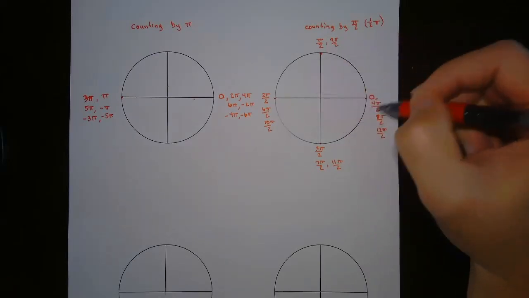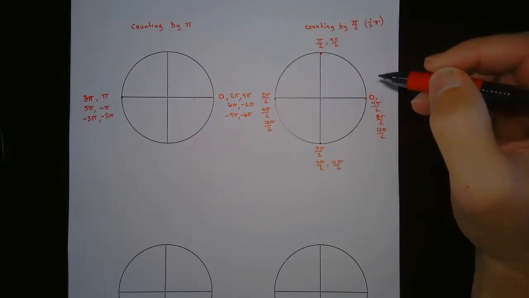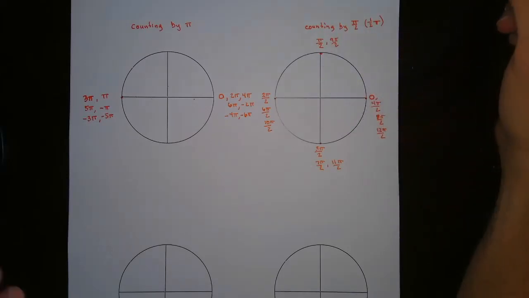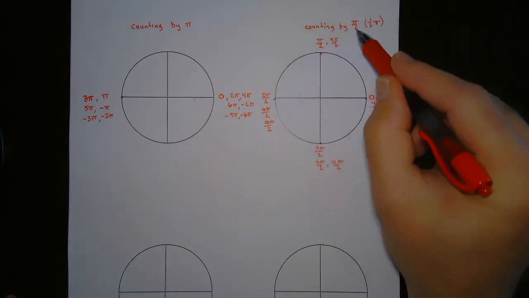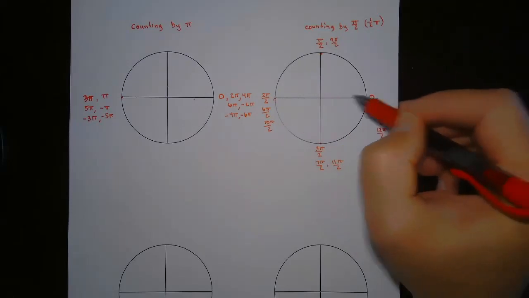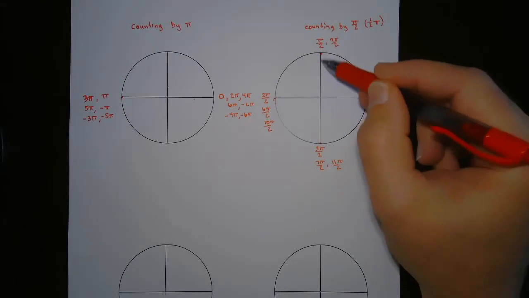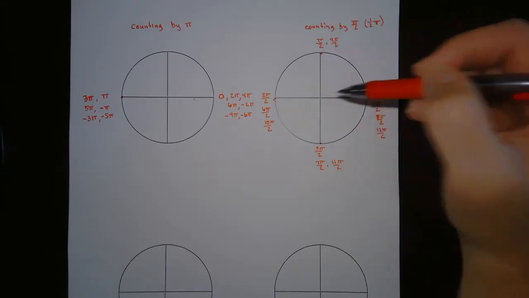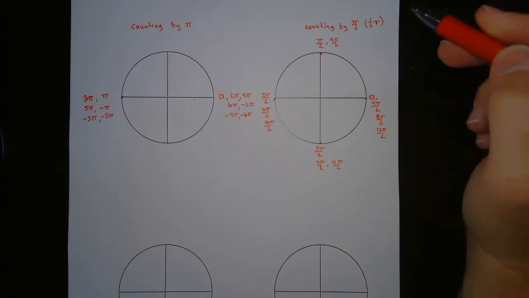And you could just keep going around and around. All right, so we took from 0 to pi and we broke it into 2 pieces because we're dividing by 2, right? So that would make this one pi over 2, this vertical, it'd be the positive y-axis, right? Okay. All right, so that's counting by pi over 2.